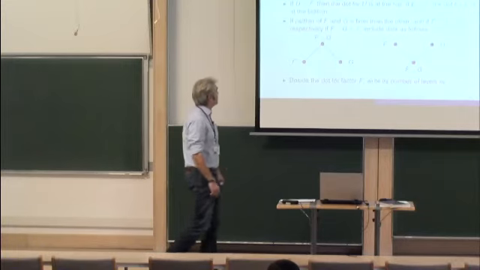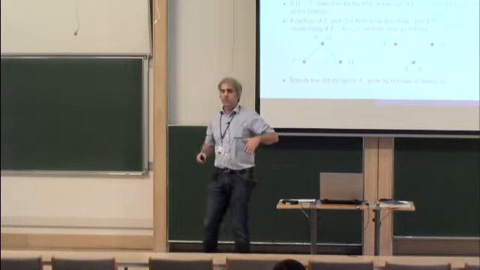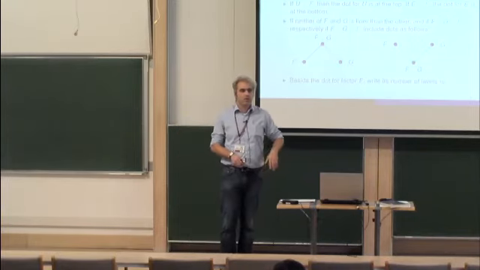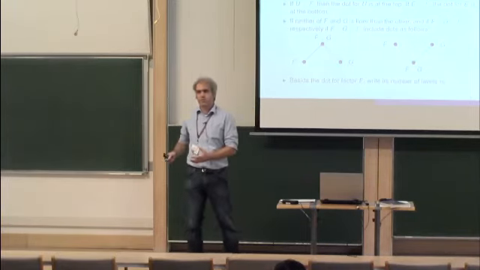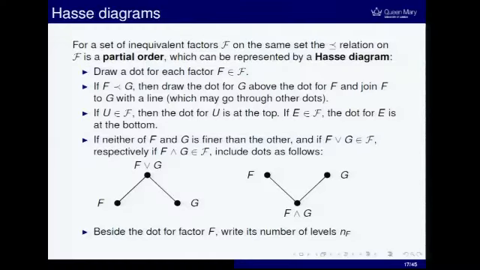What this Hasse diagram does is to represent a structure. So we can draw up one Hasse diagram for the plot structure and one for the treatment structure. For the plot structure, or equally for the treatment structure, suppose we have here a set of inequivalent factors, curly F. Then for each factor in this set of factors, we draw a dot.